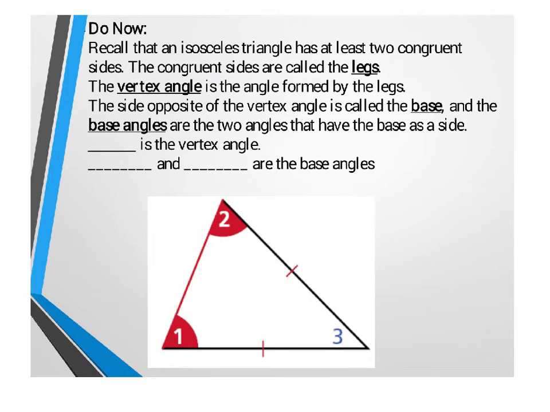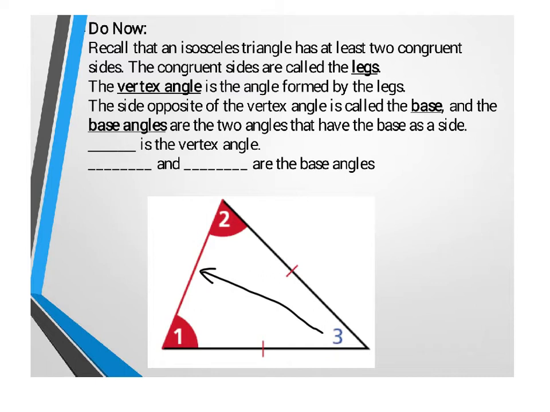That is our vertex angle. The side opposite of the vertex angle is called the base. So this is your vertex angle, and the side opposite of that vertex angle is this one right here that the arrow is pointing to. That is called the base of your triangle.